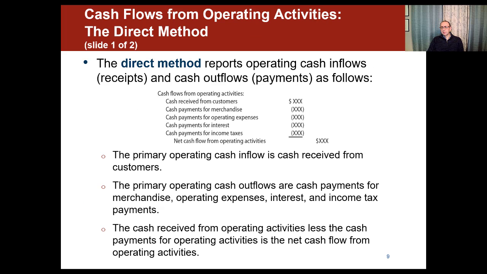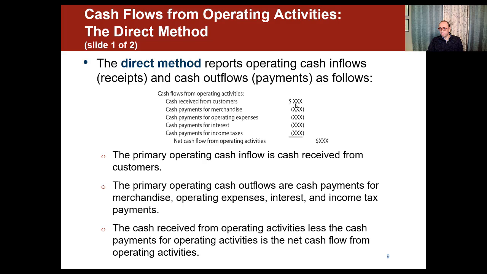So the direct method reports operating cash inflows, the receipts, and the cash outflows, the payments, as follows. It's very straightforward, it's direct, so you should expect to see the inflows and the outflows as cash payments and cash collections. So the cash flows from operating activities would have cash received from customers, cash payments for merchandise, cash payments for operating expenses, cash payments for interest, and cash payments for income taxes.